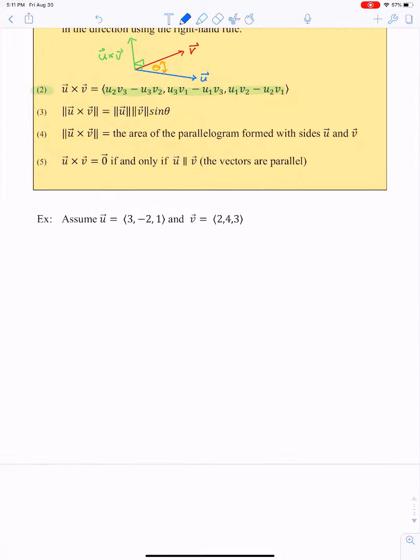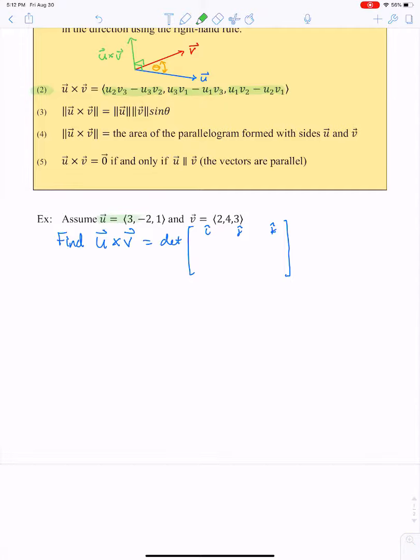Okay, so the way I would compute the cross product is as the following. Let's find u cross v. So the way I do that is I say that is the same thing as taking the determinant of a matrix with unit vectors i, j, k. Now in the second position I have to put u because it's u cross v.